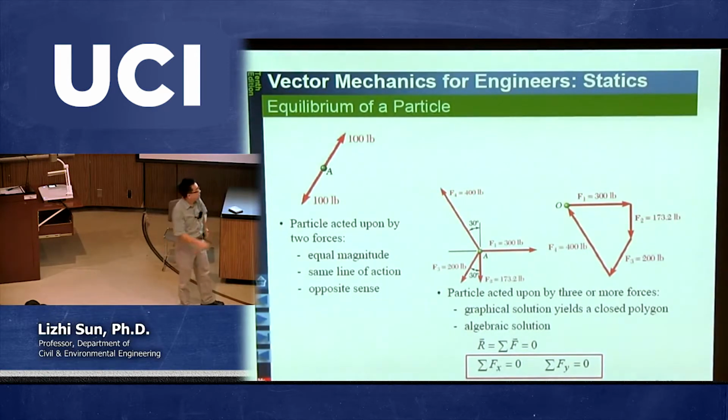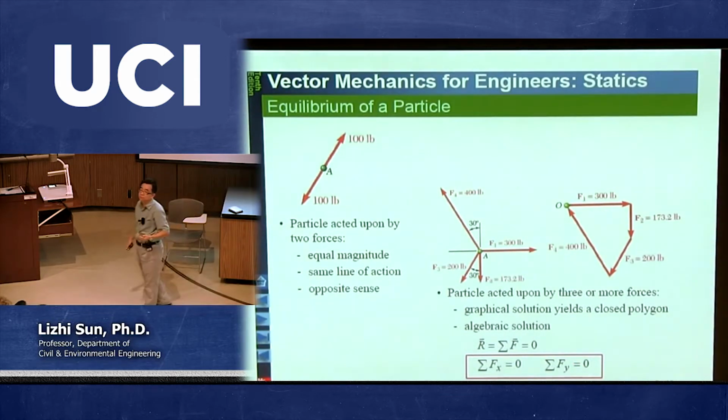You add them together. The left-hand side is the x component of the resultant force, and it must equal 0, because that's Newton's first law. Similarly, you collect all the y components of all forces acting on this particle, and that is the y component of the resultant force, and that also must equal 0 in order to satisfy Newton's first law.